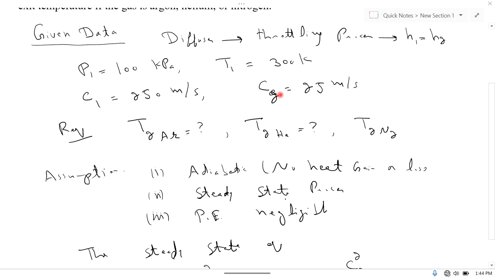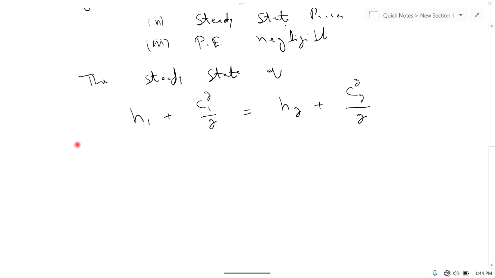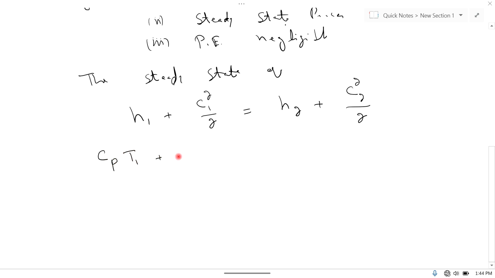This is C1, this is C2. We know that H is equal to CpT. So we can write H1 is equal to Cp T1, where Cp is the specific heat capacity at constant pressure and T1 is the inlet temperature. C1 square divided by 2 is equal to H2, which is Cp T2 plus C2 square divided by 2.